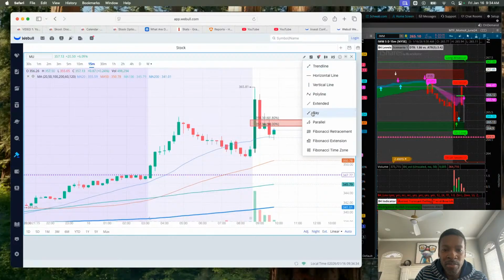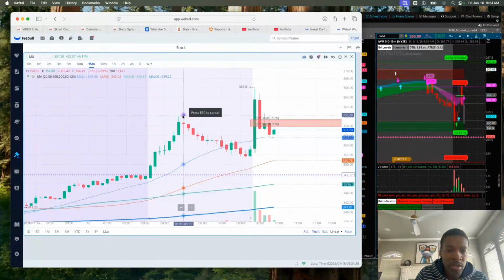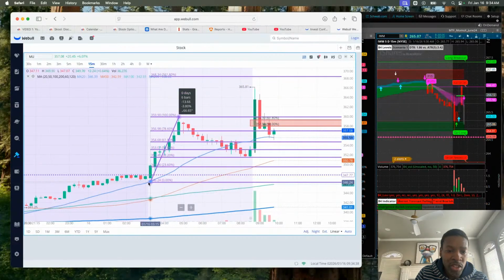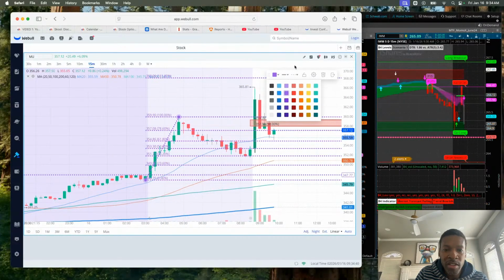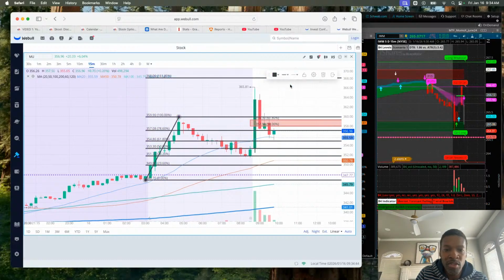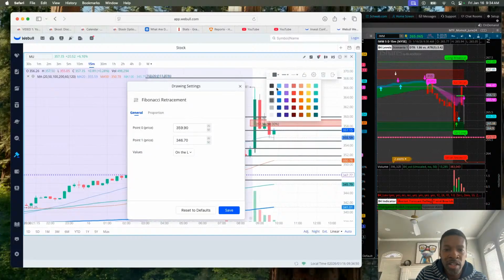Also, I would come on here, see what kind of retracement we might have had. I usually like to have my lines black. I'll have those solid right here. I'll change the color and then I will edit it.